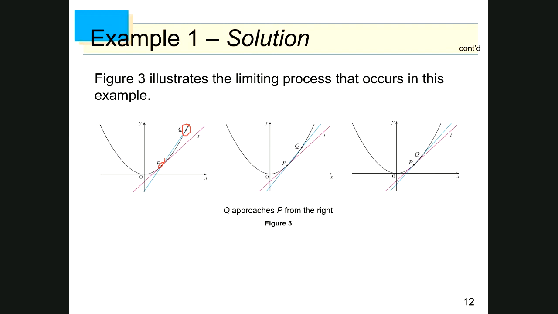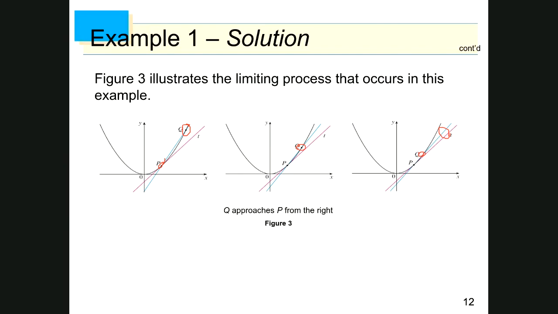So to approximate our tangent line T very accurately, we need to bring this point Q as close to P as possible. Notice at this point you see the two lines almost coincide.